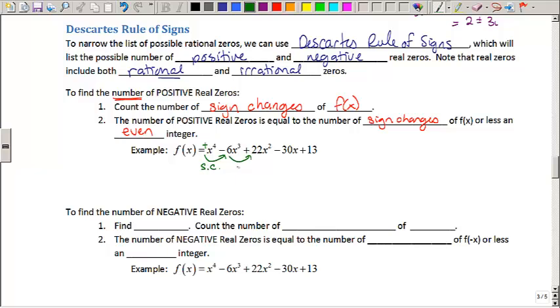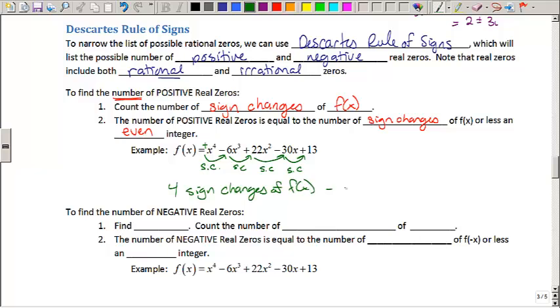We change from negative to positive, so that's going to be a sign change. From positive 22 to negative 30 coefficients, again we have another sign change. And from negative 30x to positive 13, we have a sign change, which tells us that we have 4 sign changes of f of x.